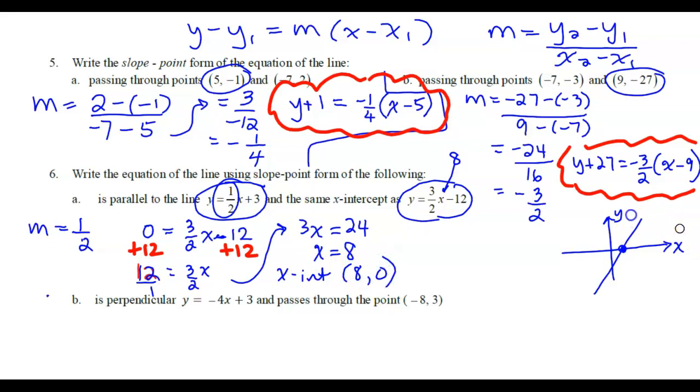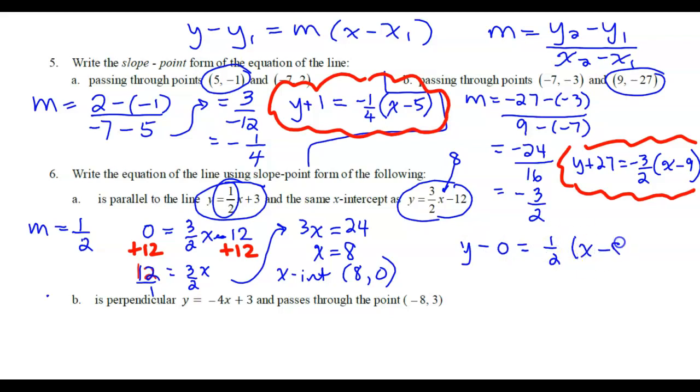I'm just going to erase this graph here. Okay, so then our equation is y minus 0 equals 1/2 bracket x minus 8.